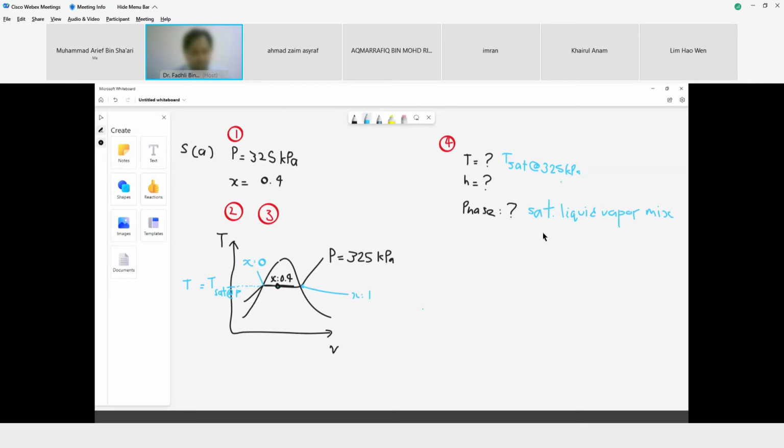In our case now, our substance is water, so we choose table A5, the pressure table for water. Find 325 kilopascal and get the saturation temperature.